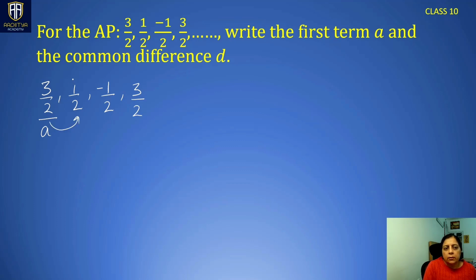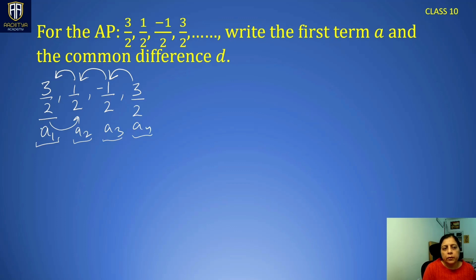Instead of looking for what should be added, you can say that the difference of two consecutive terms should be the same. This is your A1, this is your A2, this is your A3 and A4, that means first term, second term, third term and fourth term. Terms of an AP are represented by small a with subscripts 1, 2, 3, 4.